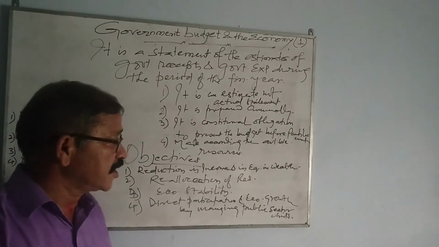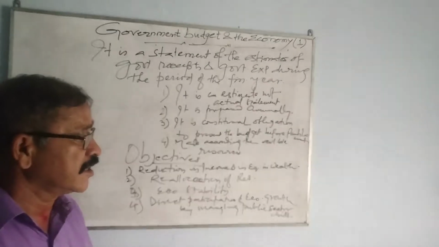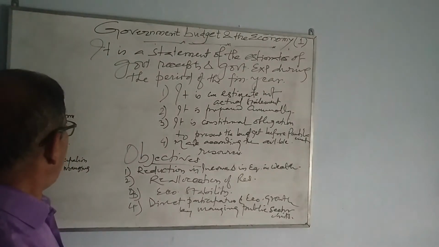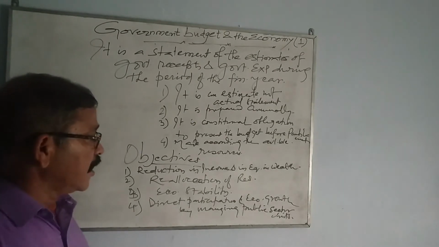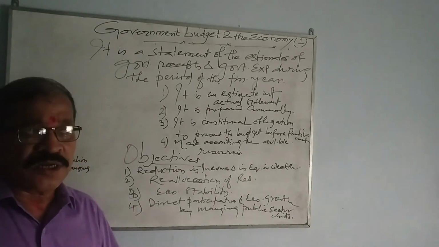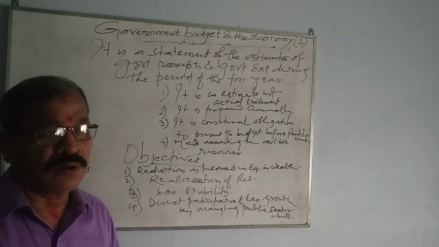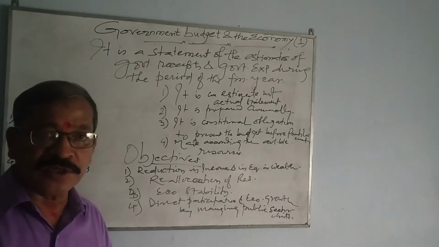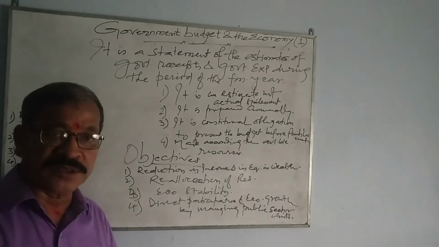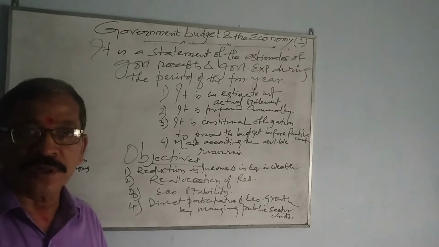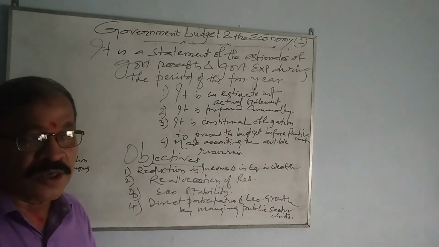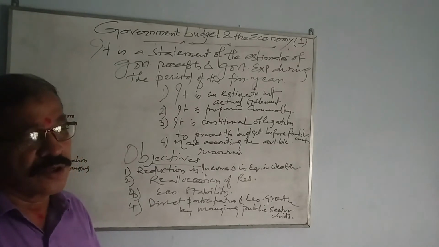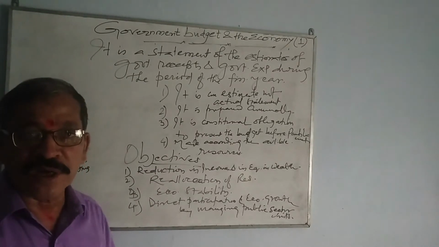Number 1, reduction in income inequality and inequality in wealth. It is generally found that there is a big gap between rich and poor. A rich person is becoming richer and richer, and poor becoming poorer and poorer. So there is a wide gap between rich and poor. So budget always tries to see that that gap is minimized.